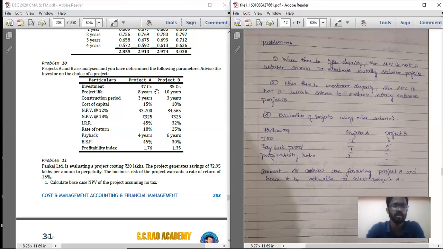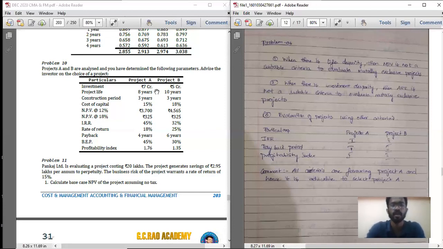Whereas if you are investing in stock, you cannot define it as a long-term or short-term investment because it may fluctuate based on the market.